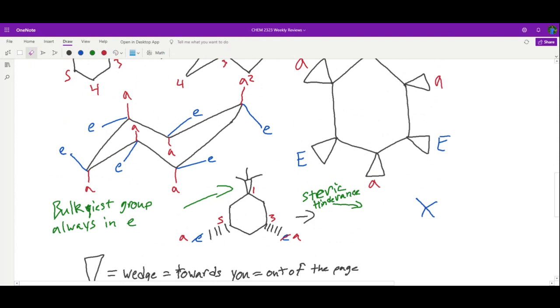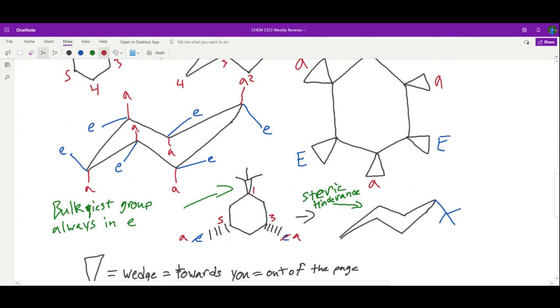Okay, I'm gonna rewrite this. So there's our T-butyl, which is on carbon 1.